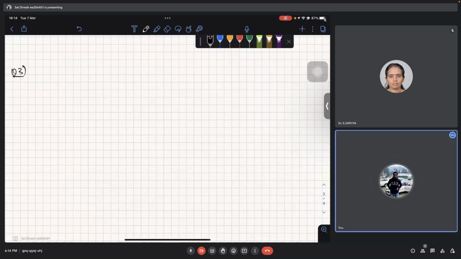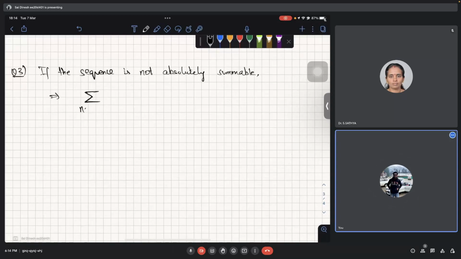So if the sequence is not absolutely summable, which implies the summation over all n from minus infinity to infinity of the absolute value of x of n is not less than infinity.